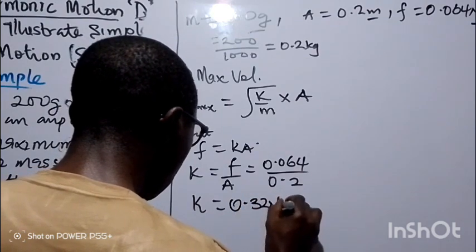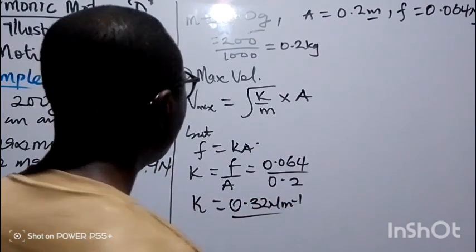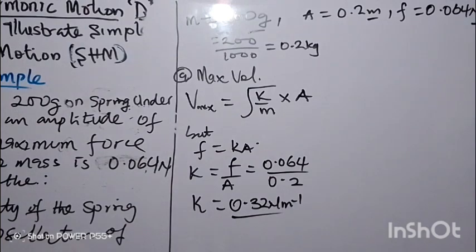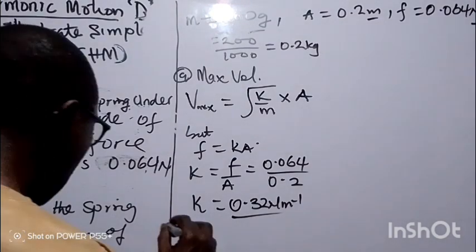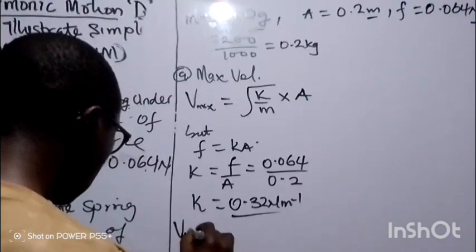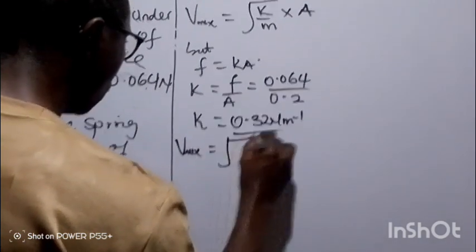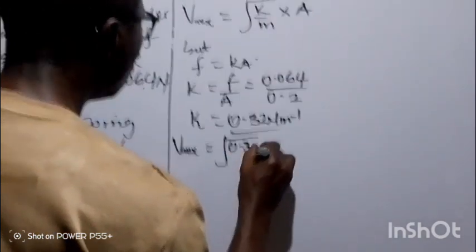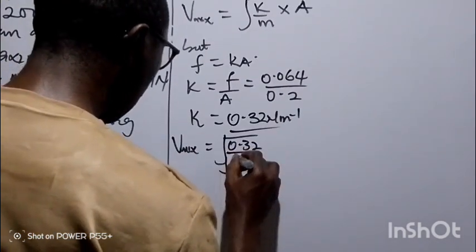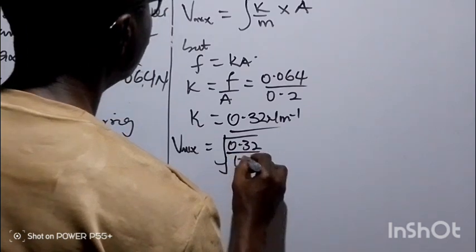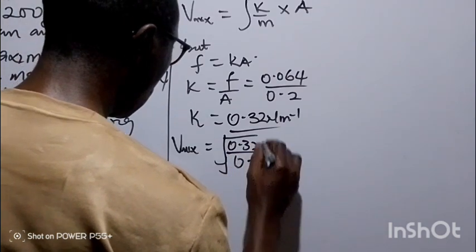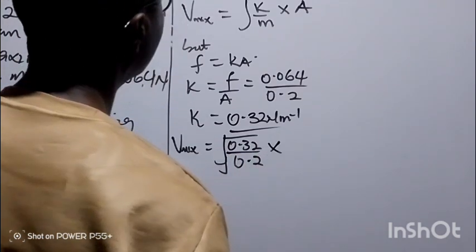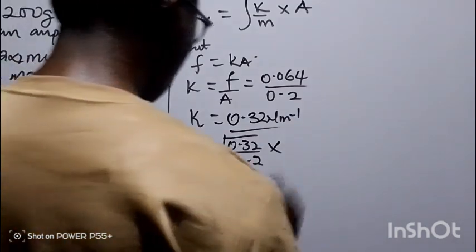Now, since K is calculated, we can say V maximum will be equal to the square root of 0.32 over 0.2, then multiplied by amplitude, which is 0.2.